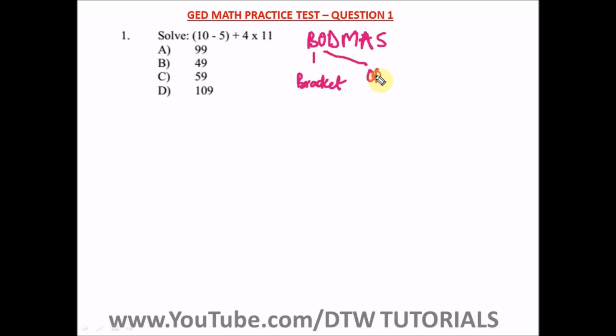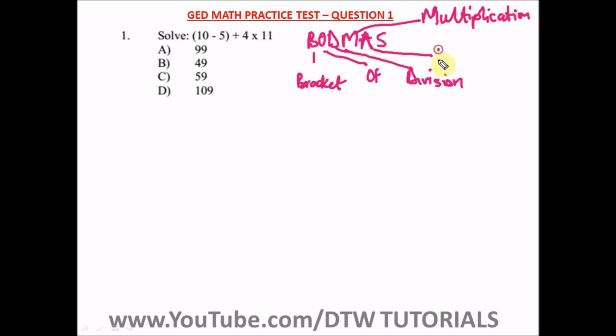O is Of. D is Division. M is Multiplication. A is Addition, and S is Subtraction.